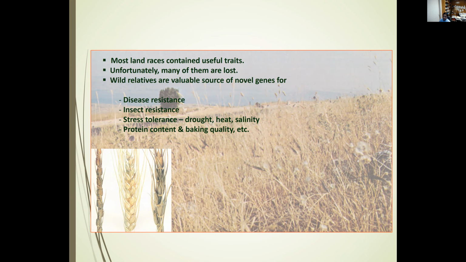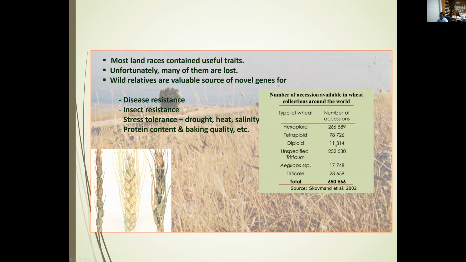However, the wild relatives hold promise with novel traits, which could be disease resistance, insect resistance, stress tolerance, and quality genes that could be made available to wheat. On the left-hand side and in the middle is the wheat, and the right and left images show the wild relatives.